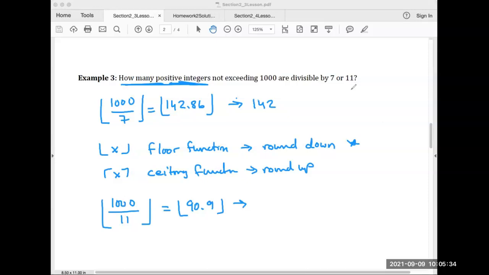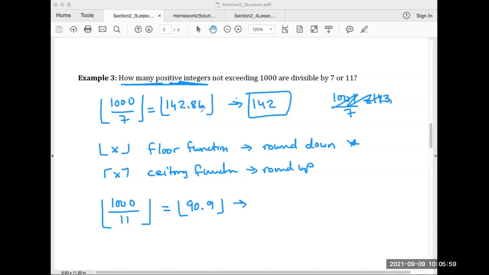If you round it up, the next number that's divisible by 7 is 1,001, exactly. So if I had 1,001 integers, then 143 of them would be divisible by 7. I'm missing the last one, so just 142 of them are divisible by 7. That's why you need to round down.